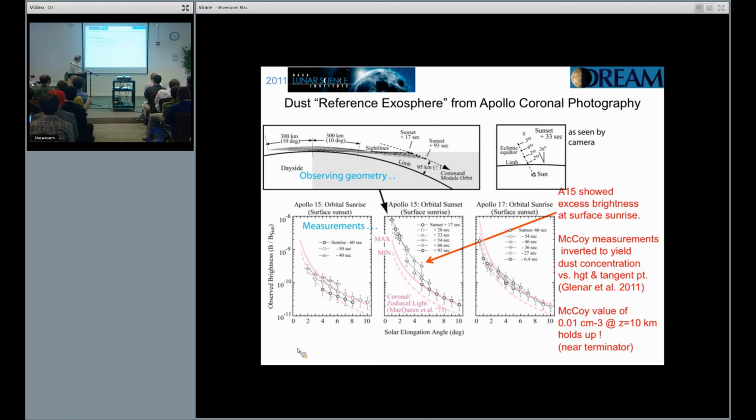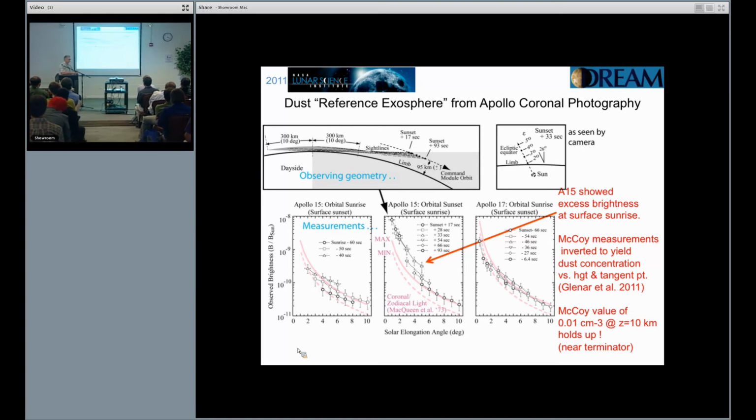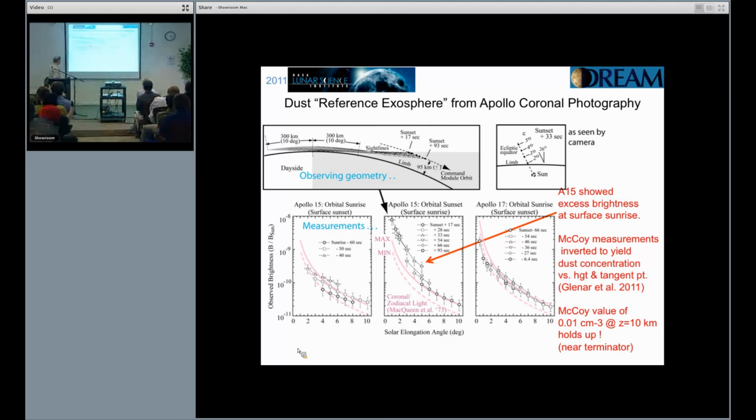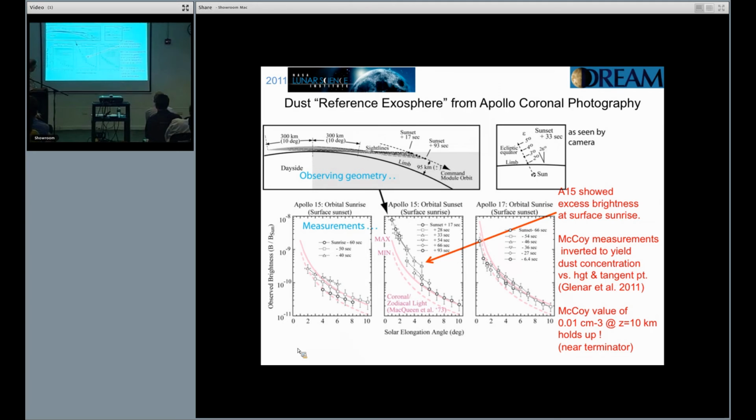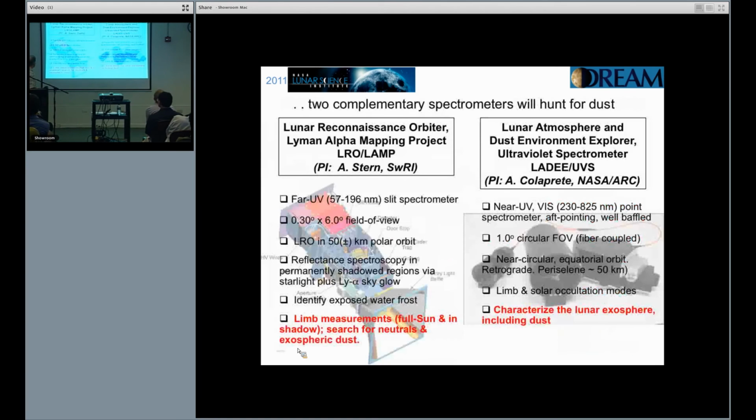But the number to take away is that the McCoy value of 0.01 per cubic centimeter at 10 kilometers holds up. The 10-kilometer height was a well-sampled region of those measurements, so it's a pretty confident retrieval number. Above and below that, the error bars get very large very fast. Nevertheless, we have this number, and it also gives us a dust model that we can go ahead and use for our modeling.